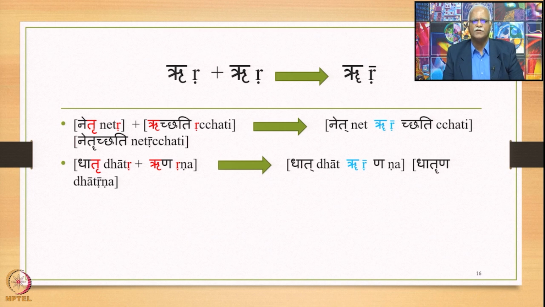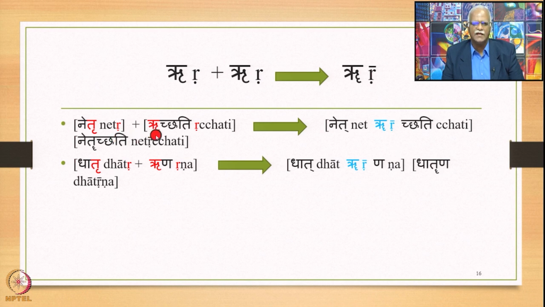Now let us proceed to the examples where we have ru vowel as input and the output is the long variety of vowel ru. First example is that of two words in the sentence, netru plus richati. Netru has ru at the end and richati has ru at the beginning.